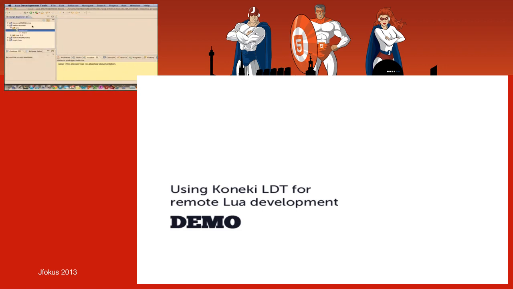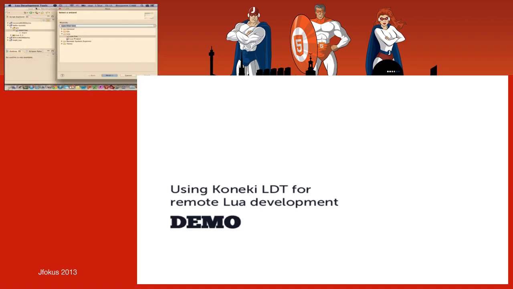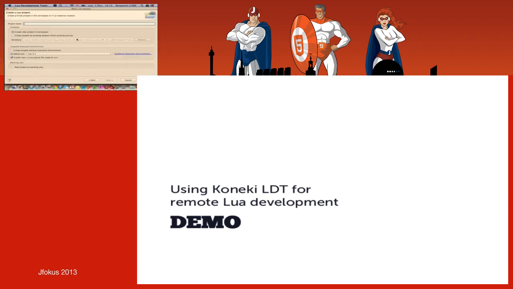And what I'm going to do is create a new Lua project. And what you'll see is that just like when you create a new Java project inside Eclipse, I will pick a name for my project, of course. And then the other thing I will select is what we call the execution environment.